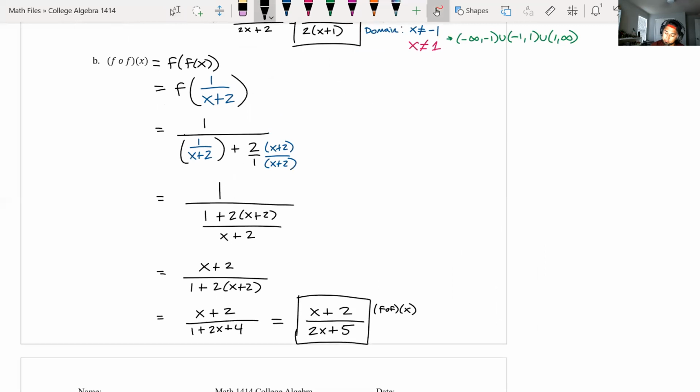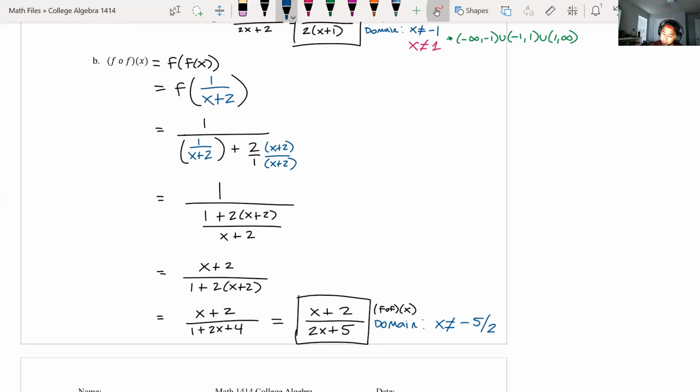And now, domain. Look at the new function. And what would the domain be for this denominator? X cannot equal -5/2. Good. But since we composed f with f, we also have to abide by function f's domain.